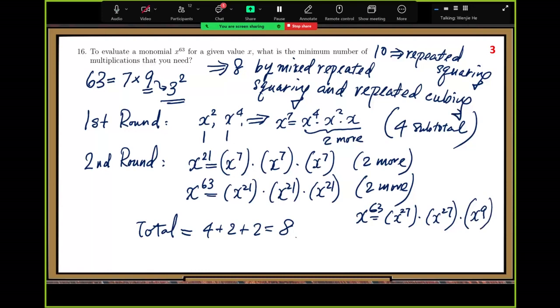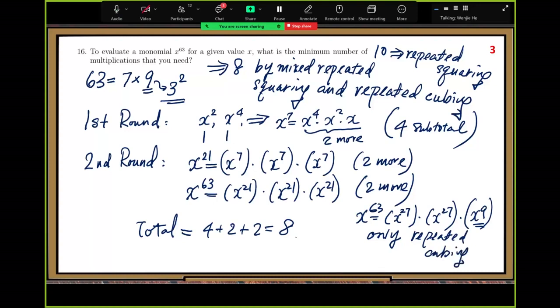That's also fine, you get the same number of multiplications. In this way, you only need to use repeated cubing. You do not need to use repeated squaring. Also correct.